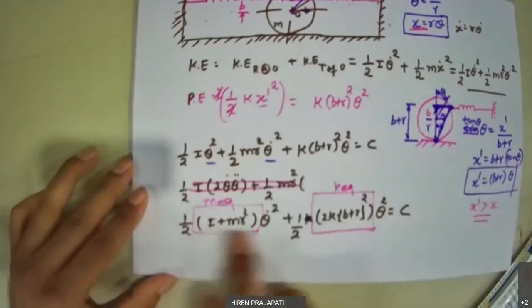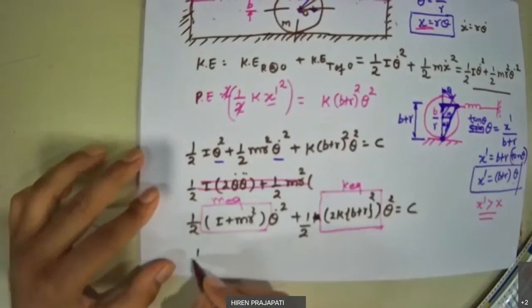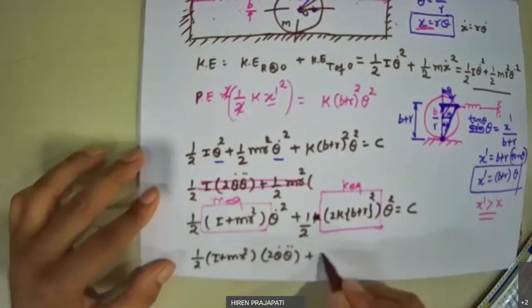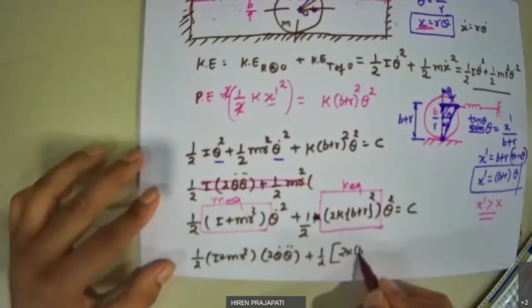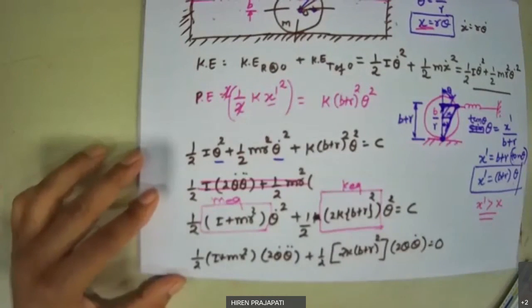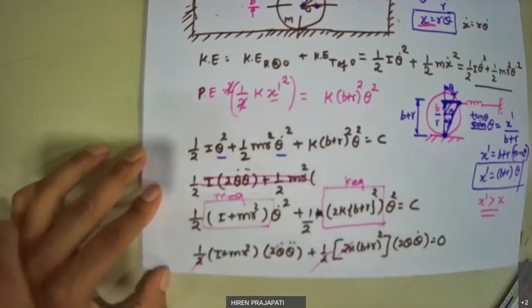And then finally, let us now differentiate this. Then 1/2, this is constant, so (I plus m r square) 2 theta dot theta double dot, plus 1/2, this bracket is constant, so 2k (b plus r) square 2 theta theta dot is equal to 0, right? Now this 2 will cancel out, this 2 will be cancelled out.